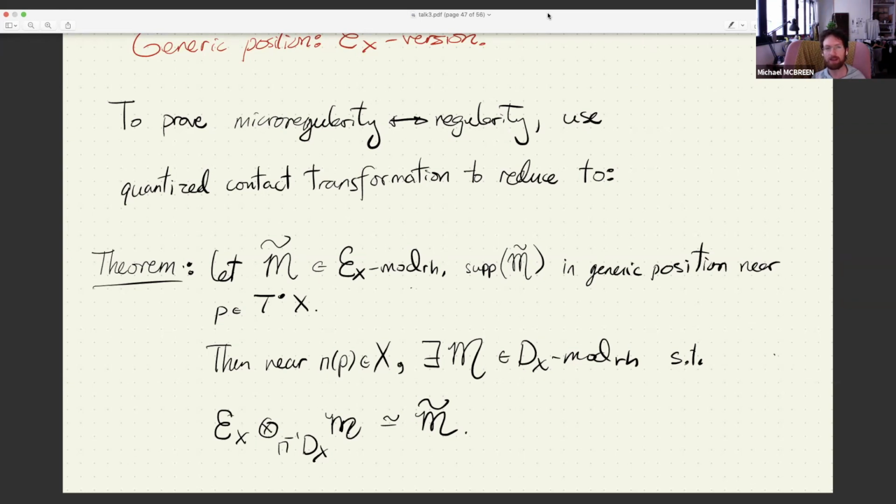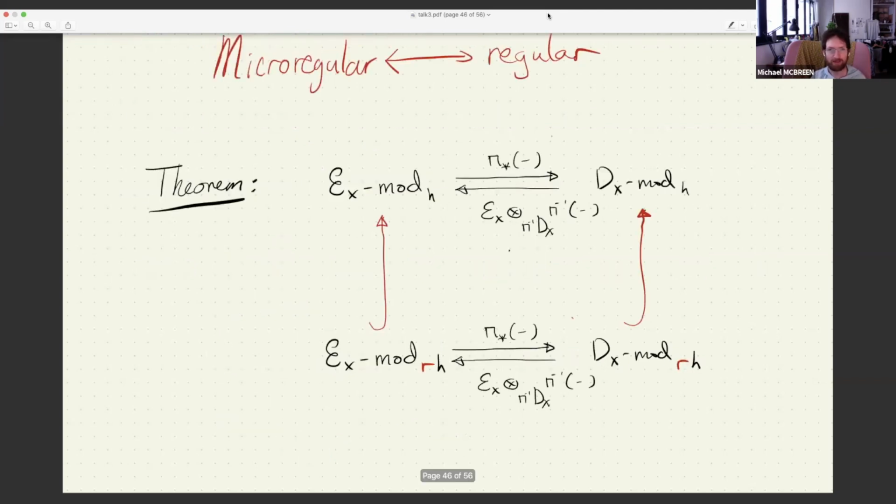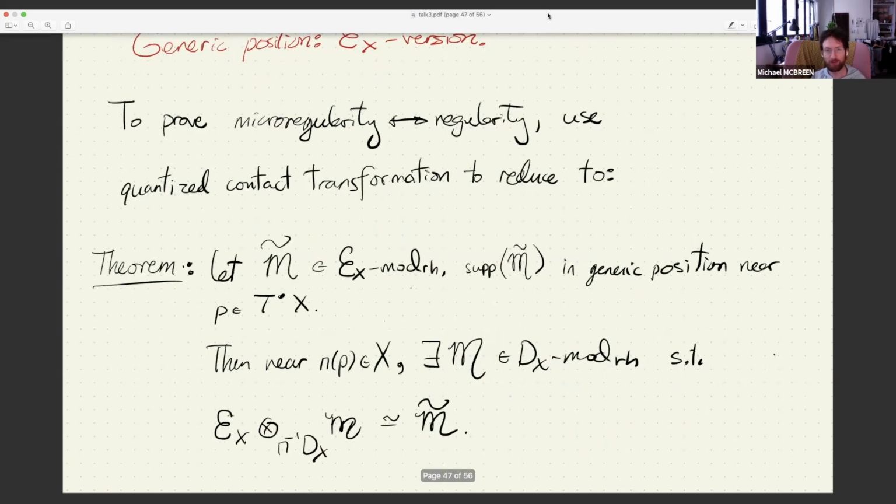And this is something you can check. Why does this notion of regularity imply the usual notion in this situation? In this generic position situation it is something you can, to some extent, just check by hand, by calculation.